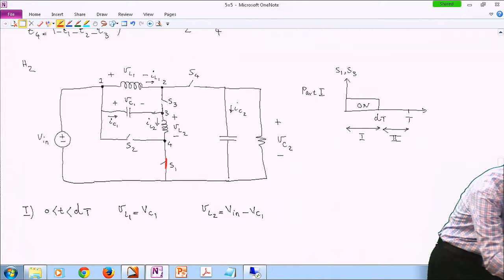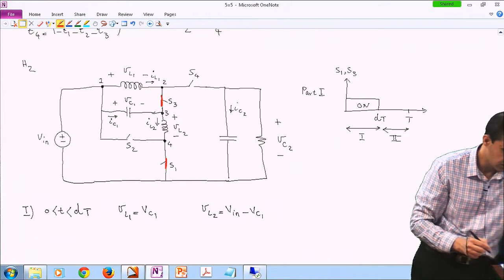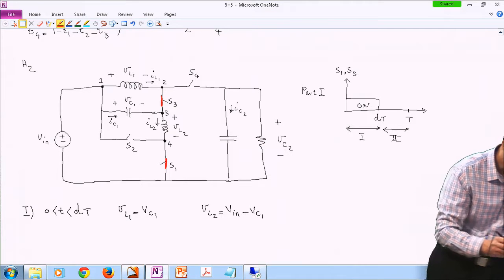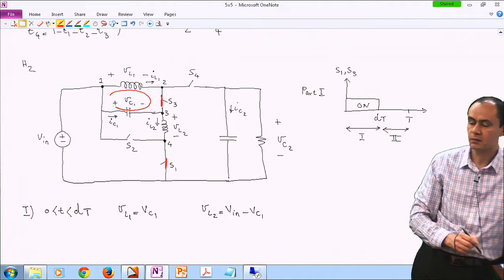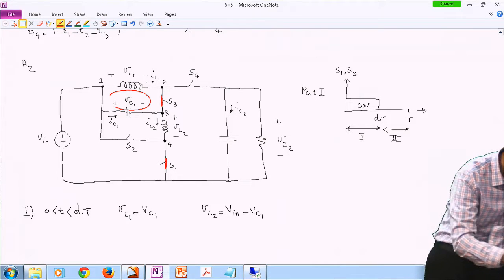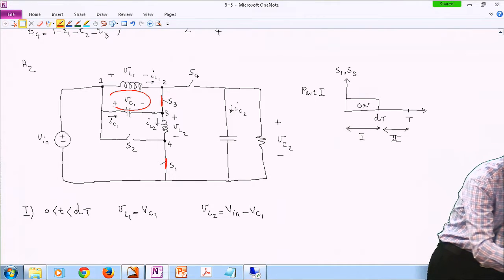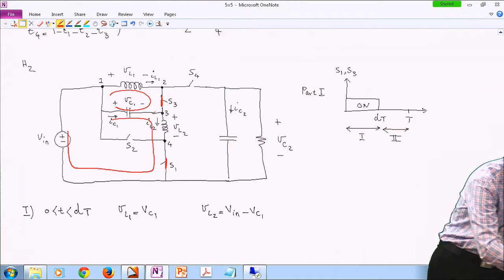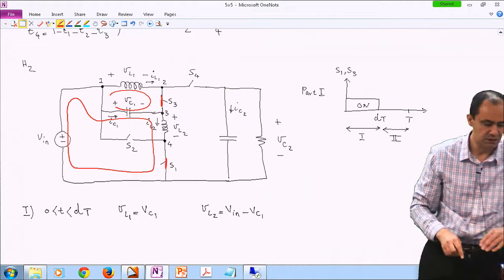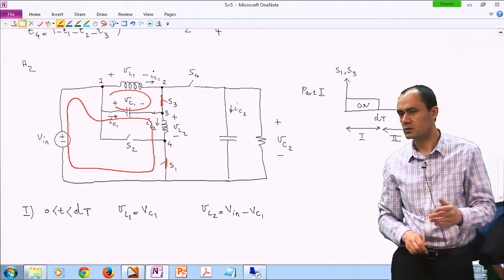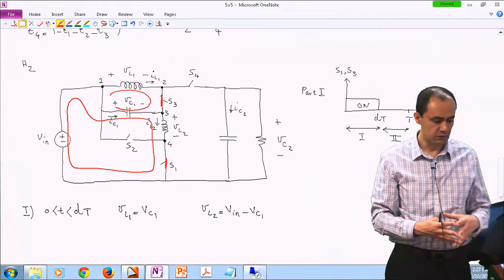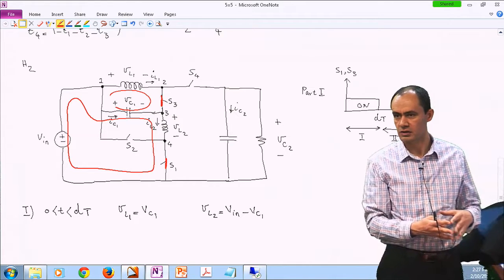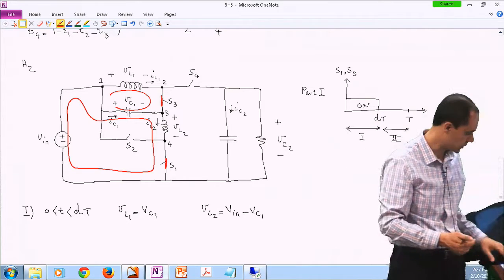That means I have a short circuit path basically here. So if you look at VL1, technically it is nothing but VC1, okay? What about VL2? Look at this loop. The difference between Vin and VC1 basically. So at any given mode you have to be able to write the voltage that appears across your inductors as a function of those stiff voltages. So this was all about mode 1.